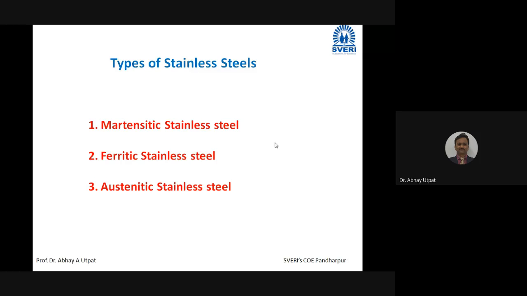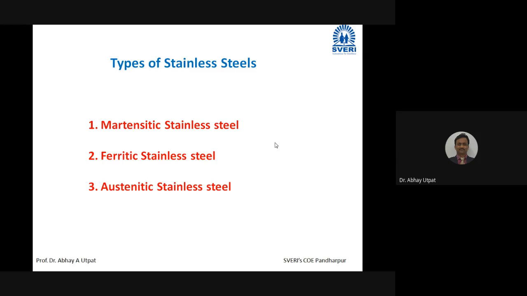Martensite is hard. Now, whatever stainless steels you observe in day-to-day life, just close your eyes for a moment and recall where you have seen these stainless steels, starting from your home up to your labs, everywhere in day-to-day life. Wherever you have seen stainless steel, you will categorize it into these three types.